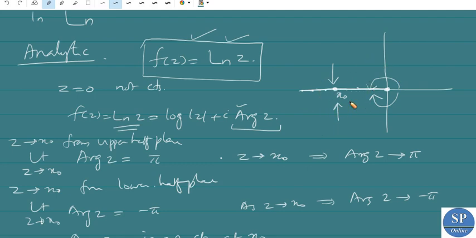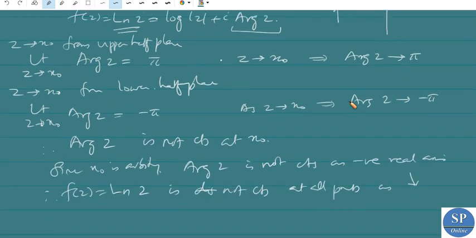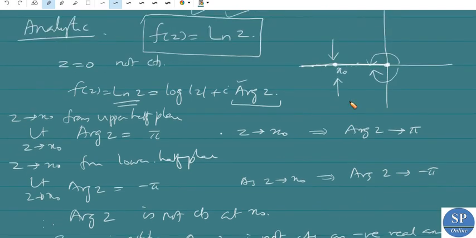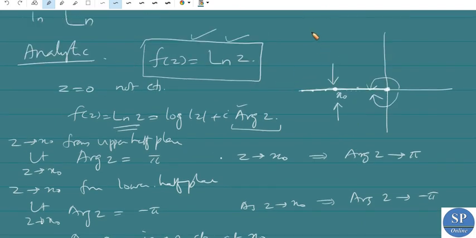That means if a function is not continuous, it cannot be differentiable, because we know that differentiability implies continuity. So if it is not continuous, then it is also not differentiable. So here we have proved that f of z is equal to ln of z is not continuous on this negative real axis and at the origin.